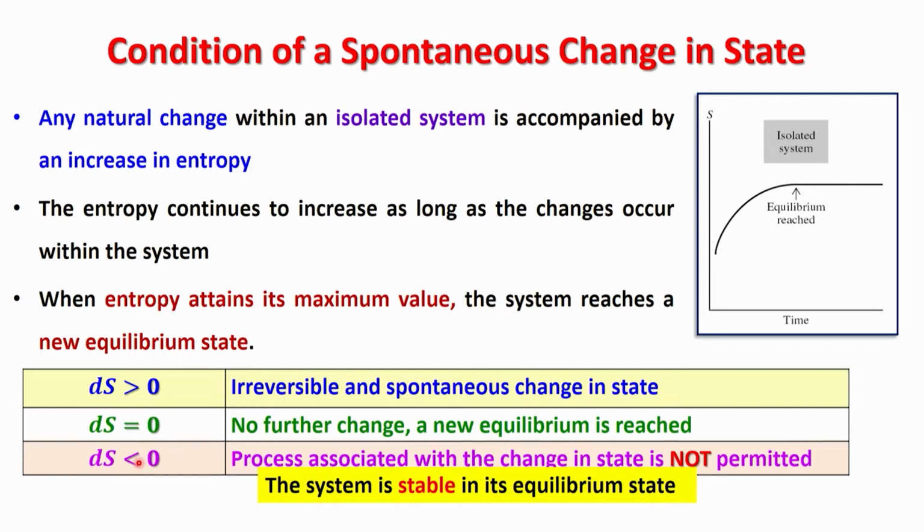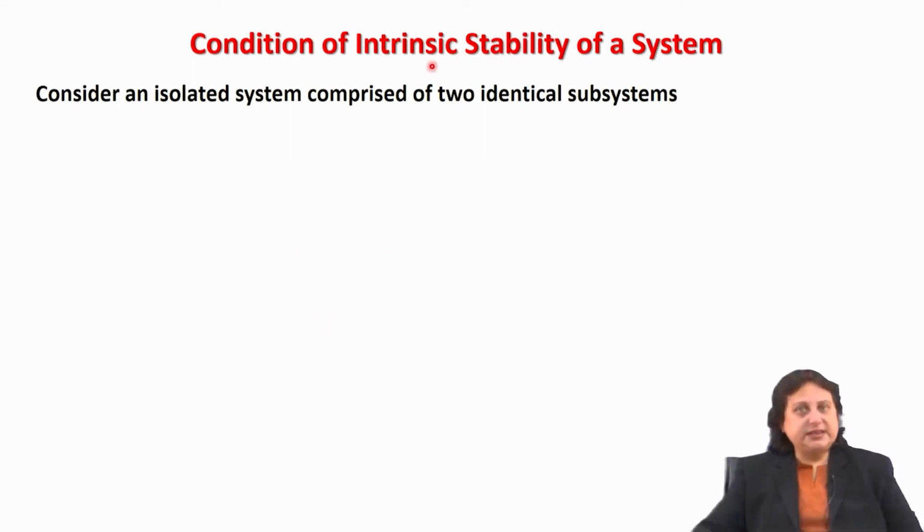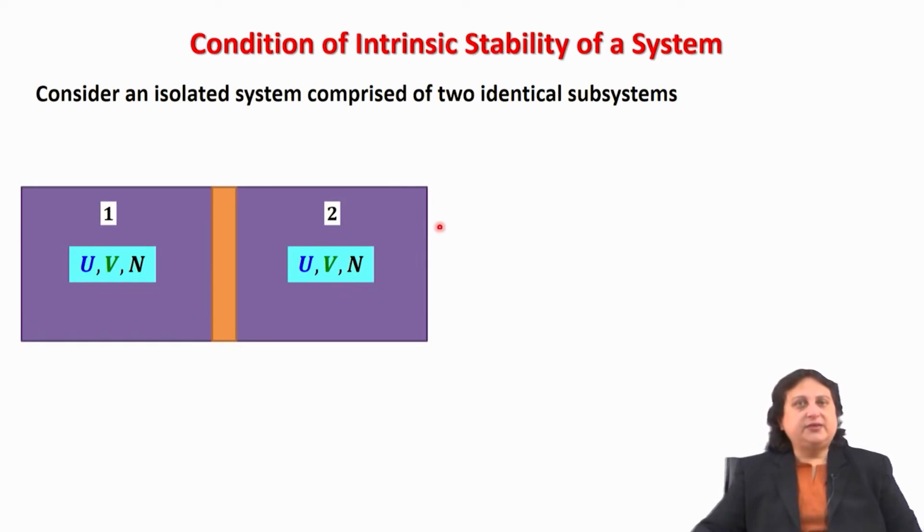So, based on this idea, we will go ahead and think about the condition of intrinsic stability of a system. To start with, I have taken an isolated system which is comprised of two identical subsystems. Now, let us have a schematic diagram of this.